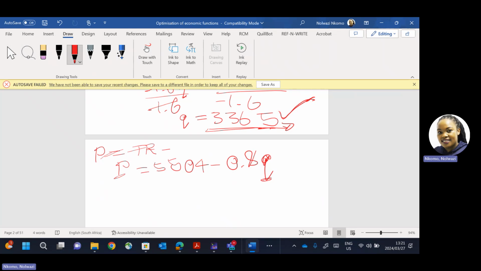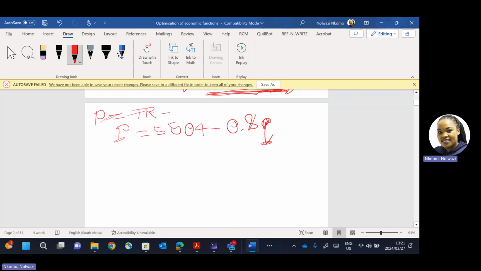This means the corresponding value of P when the quantity is this would be the price when the profit is maximized.